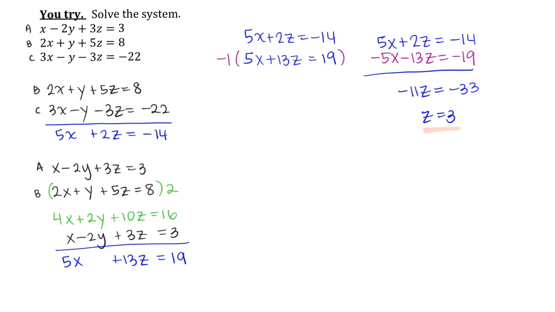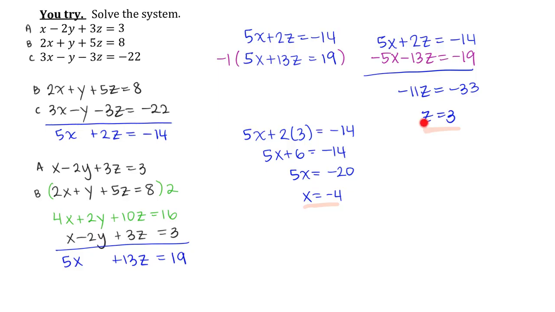Okay, let me take my z as 3 and I'm going to plug it back into, I think, the first equation. 5x plus 2z equals negative 14, 5x plus 6 equals negative 14, 5x minus 6. So I get x is negative 4, which I feel good about because it's not a fraction. And my teacher doesn't give me a lot of fractions for these.